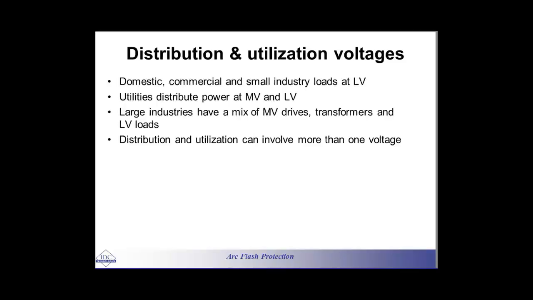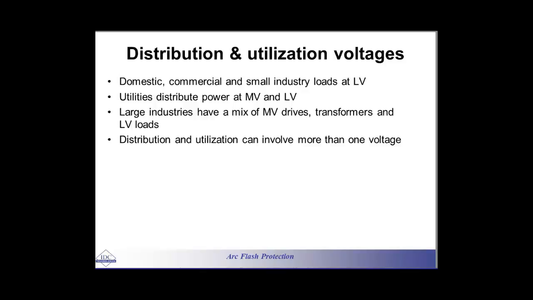When it goes into distribution and utilization voltages, as it says here, domestic, commercial, and small industry loads are at LV. You have shops, houses, and small businesses, which normally use LV. When it goes to bigger businesses like cinemas or shopping centers, the power has to be delivered at medium voltage and then reduced down to LV.